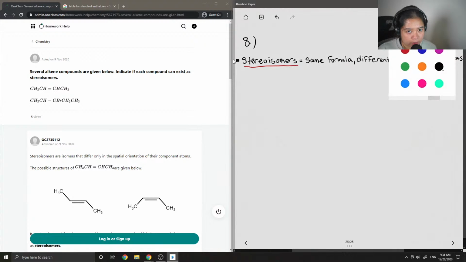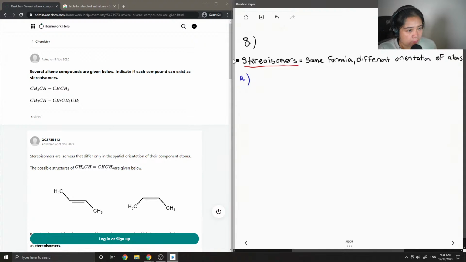Okay, so let's look at our two options. So for part A, we have a double bond in between two carbon groups. So this can be written like the following, where we have a methyl group on one side, the double bond, and then the methyl group on the other side.